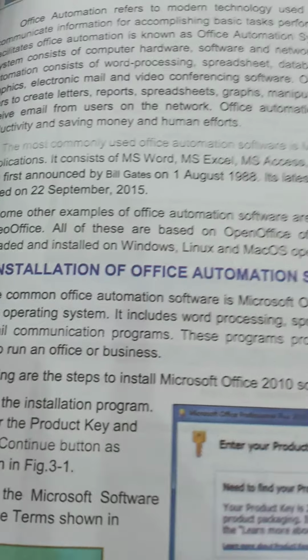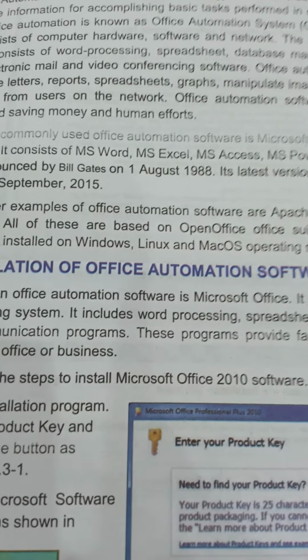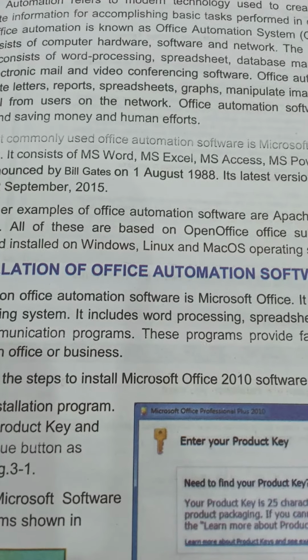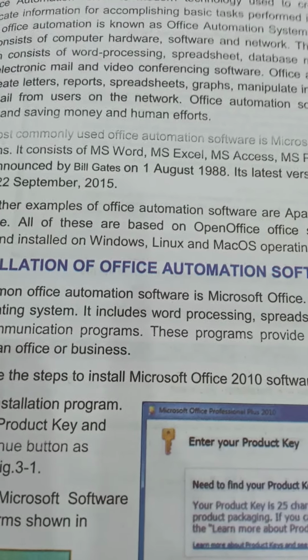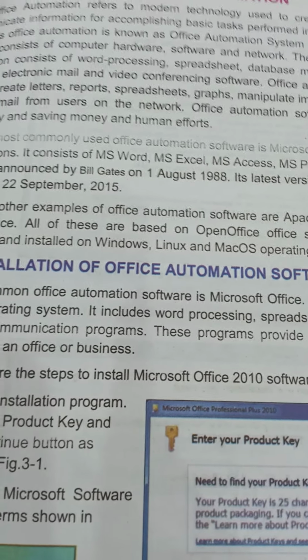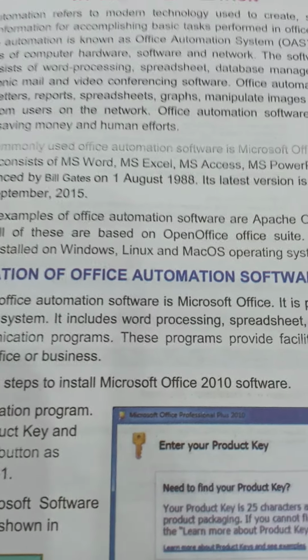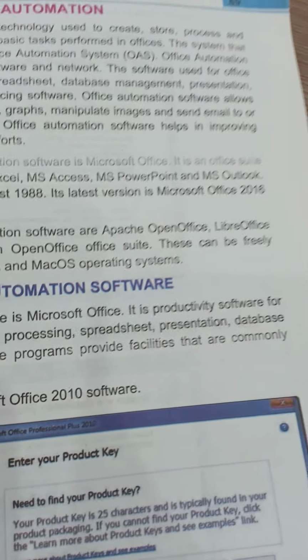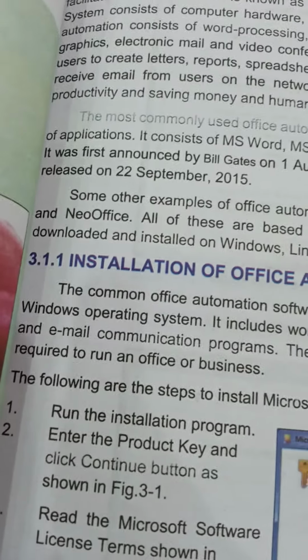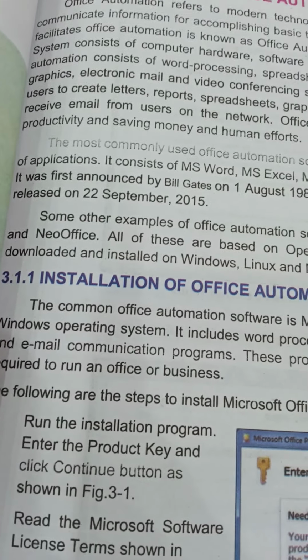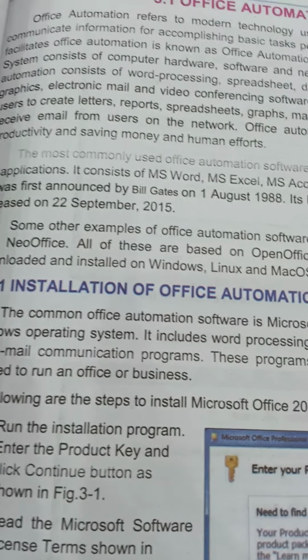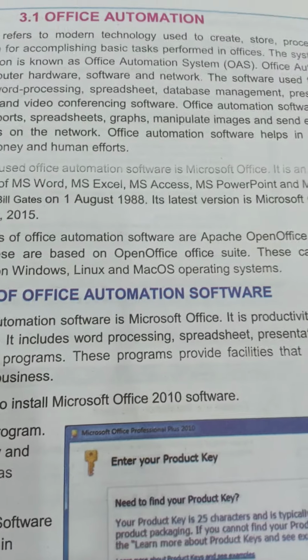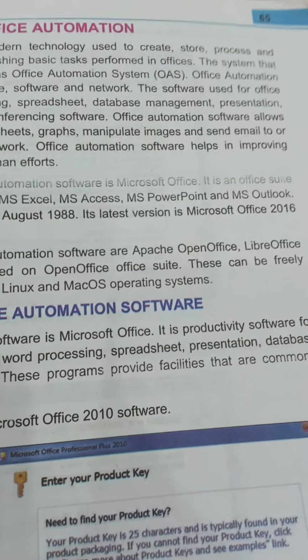It was first announced by Bill Gates on 1 August 1988. Its latest version, MS Office 2016, was released on 22 September 2015. Some other examples of office automation software are Apache Office, OpenOffice, and many others. You can learn by your own.